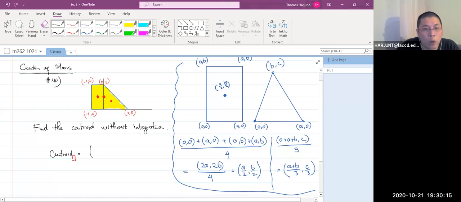That's -1/2, 1. While the centroid of the triangle will be 2/3, 2/3.